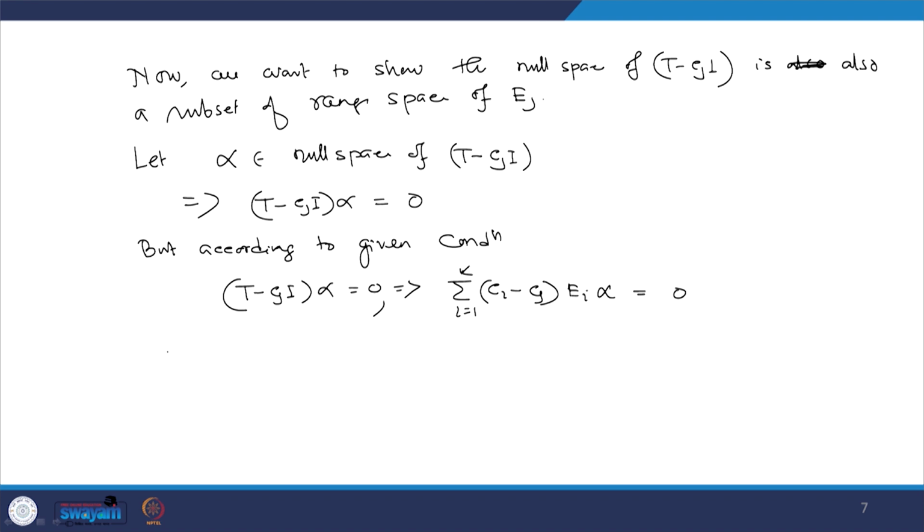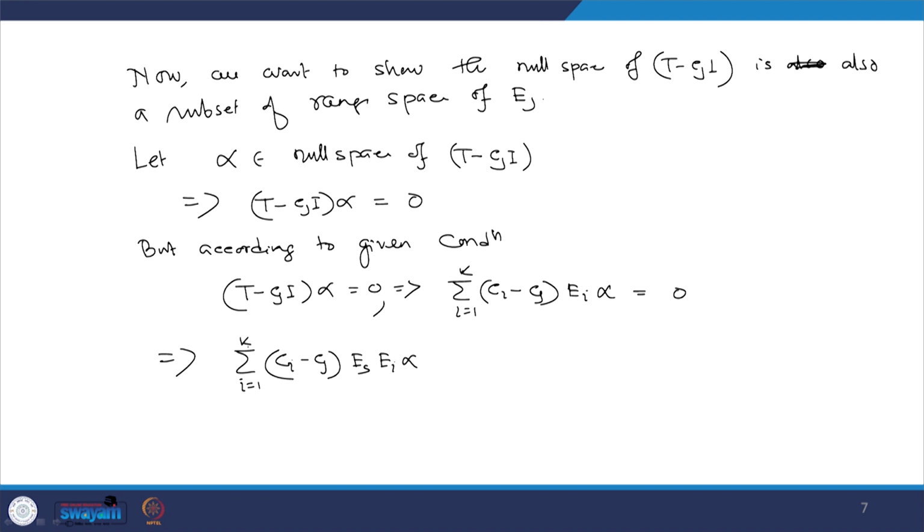So, this implies that if I multiply Es from both sides, I will have sigma (Ci minus Cj) Es Ei alpha, i equal to 1 to k.